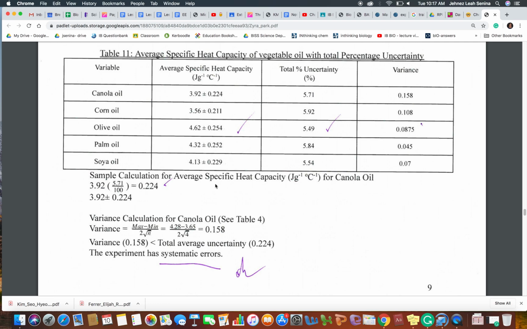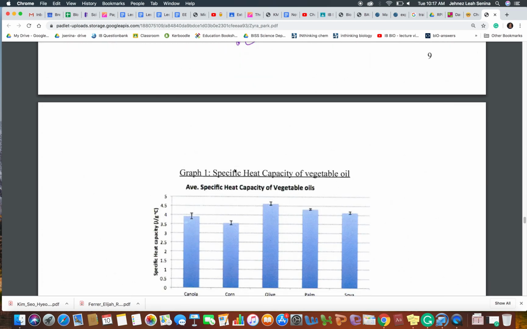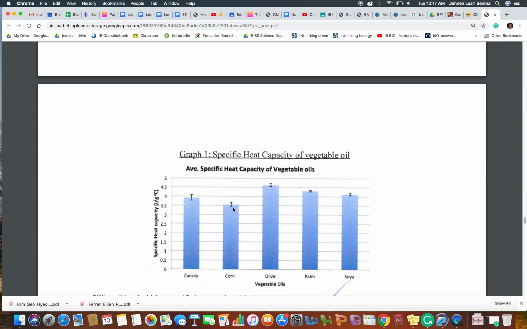Notice there's no standard deviation in chem. We just have propagation of uncertainties. So these values, 0.0224, 0.211, 0.254, 0.252, 0.229, are the error bars right here.